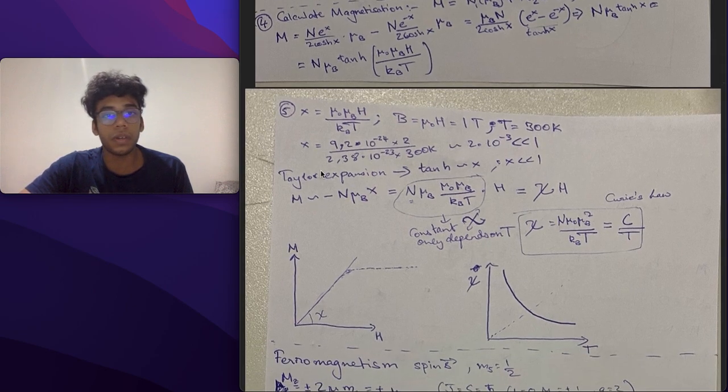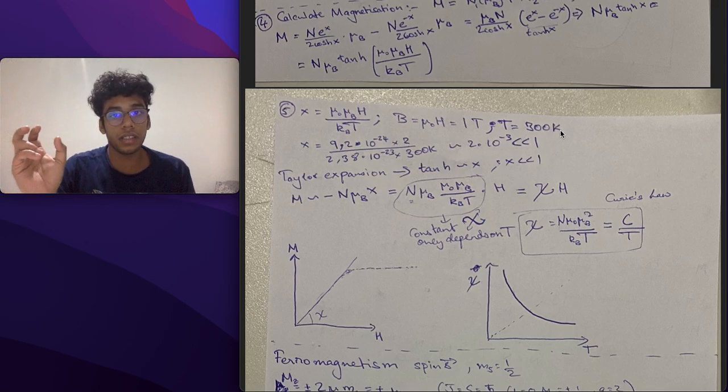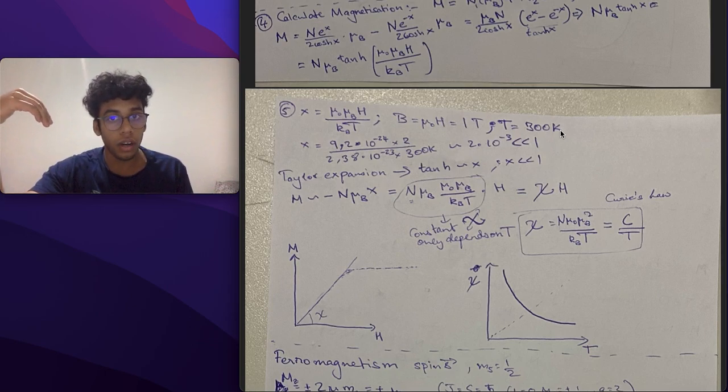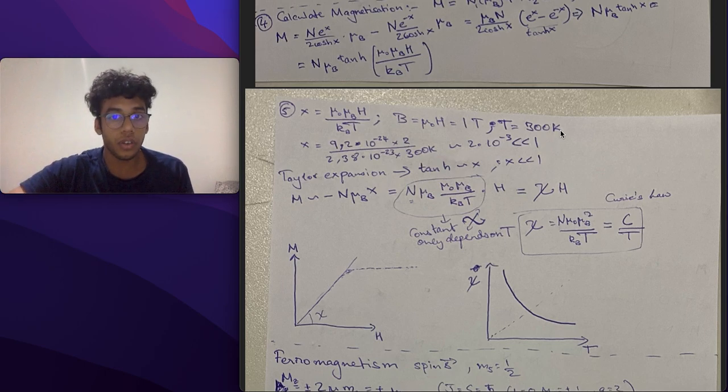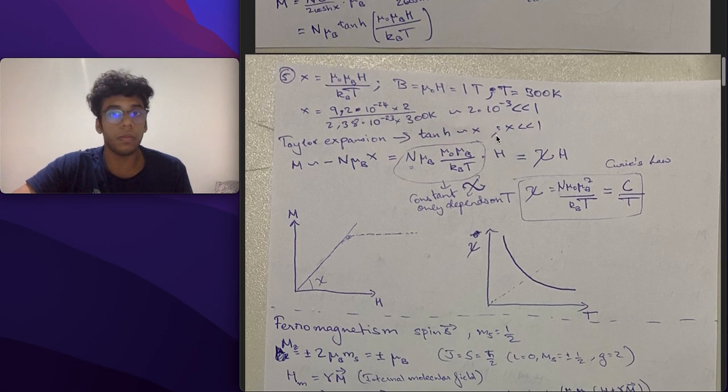Once we do that, we see that at around 300 Kelvin, x is much less than 1, and therefore the next immediate step is to introduce a Taylor expansion. When we do, we approximate tanh of x to be equal to x. Tanh of x is approximately equal to x.